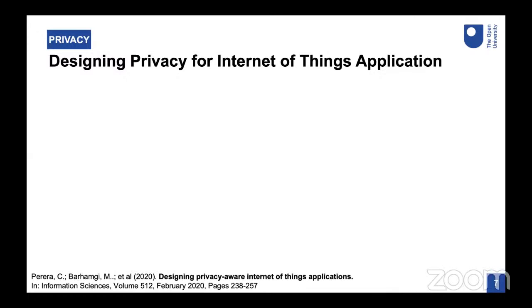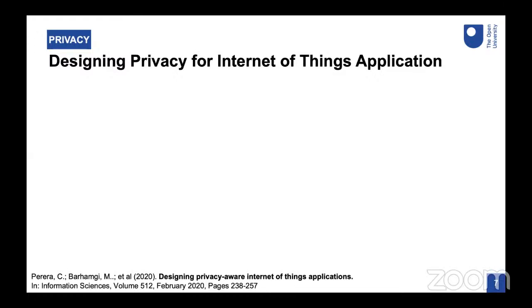And in the context of privacy, we need to enable designers to ask a range of questions to think about the types of information that they might be collecting, the appropriateness of that information, the appropriateness of how it can be shared, and so on.